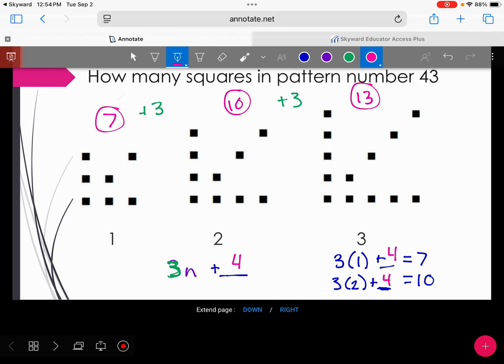You could also look at this as seeing that I have one set of 3s. I have 2 sets of 3s. I have 3 sets of 3s. And they're just kind of growing out in really weird places to get there. So you can do groups like that.